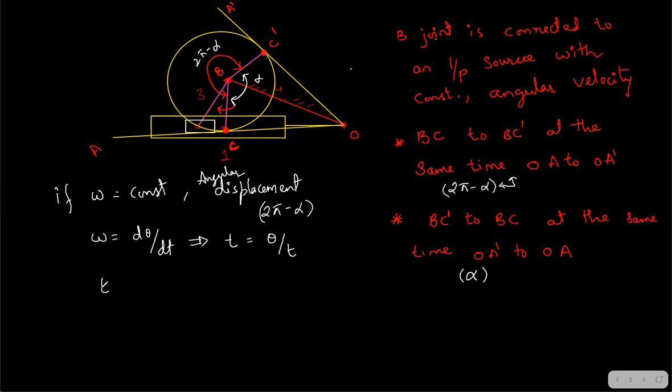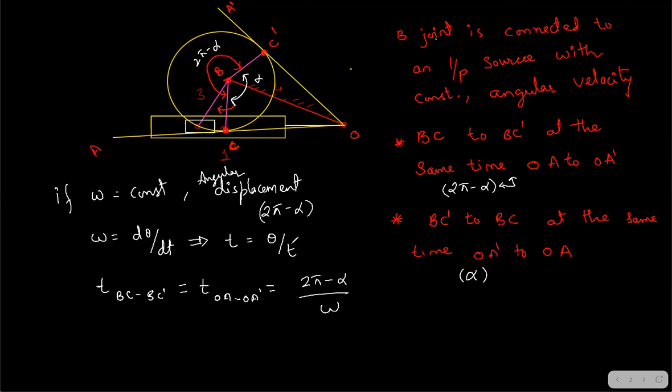So the time taken from BC to BC dash is equal to the time taken for OA to OA dash, right? Because they are same. You can check here, OA to OA dash, so theta is what? 2 pi minus alpha by omega.